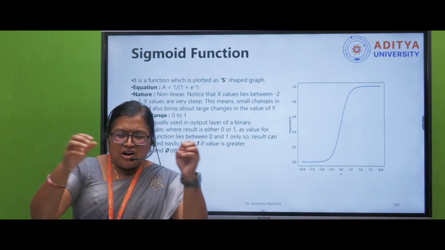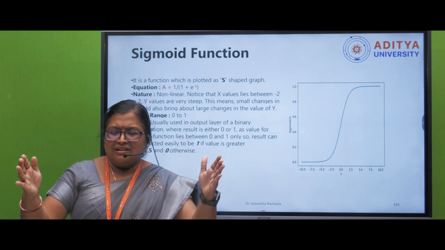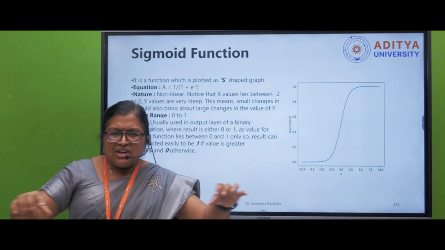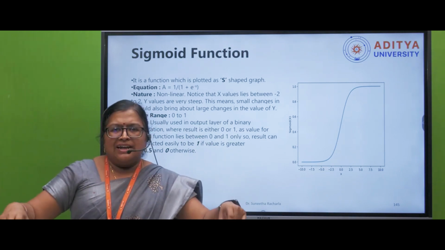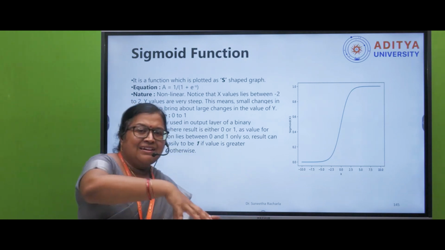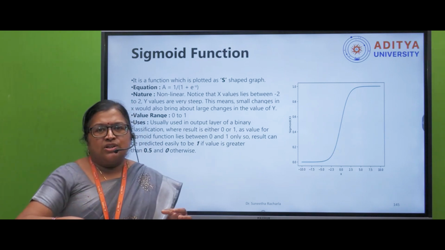In a broader way, for every detail of the data, we are adding the activation function to the data.